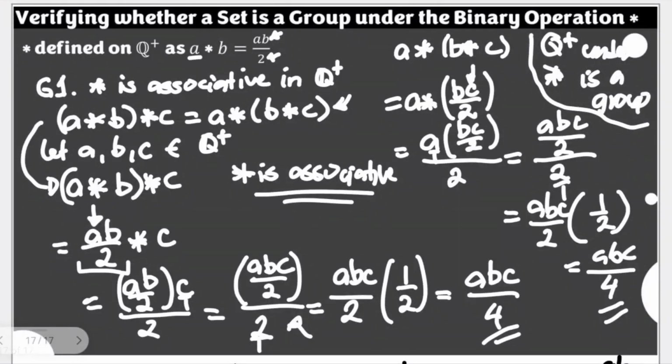Why? Because we have satisfied the 3 conditions. And that is how we verify whether a set is a group under a specific binary operation. G1, associativity; G2, existence of an identity element; and G3, existence of an inverse element.